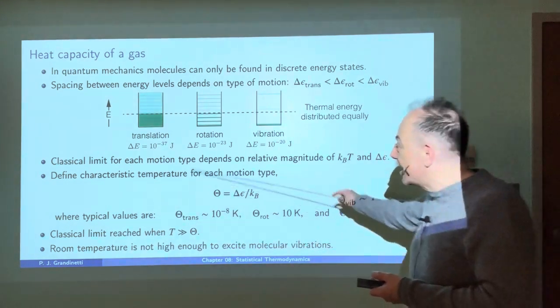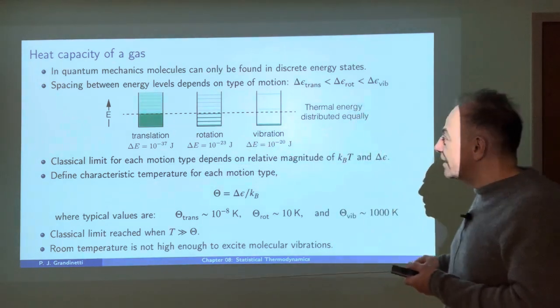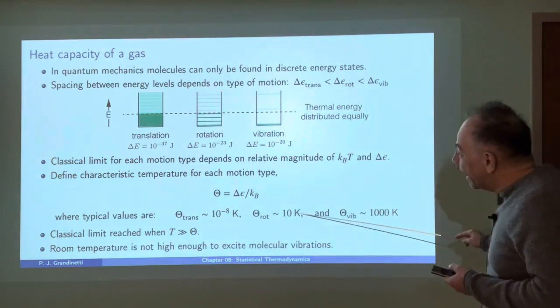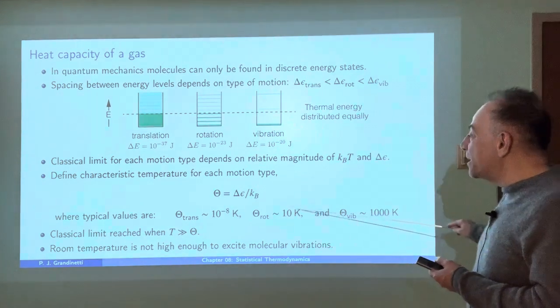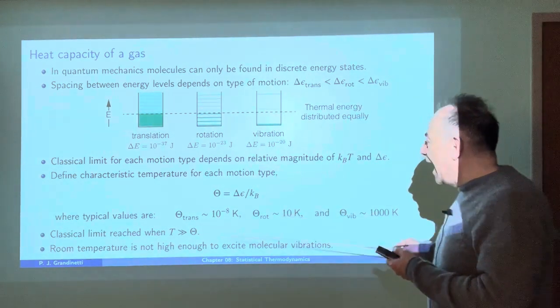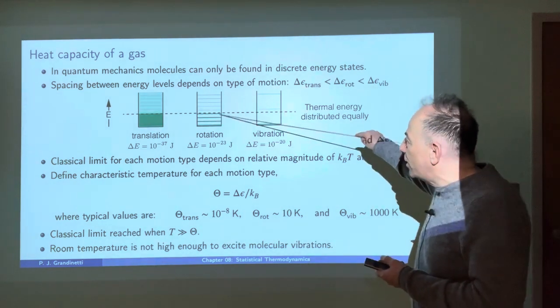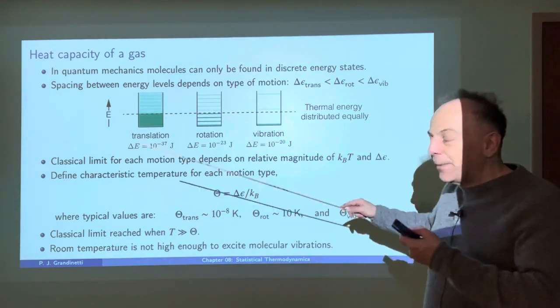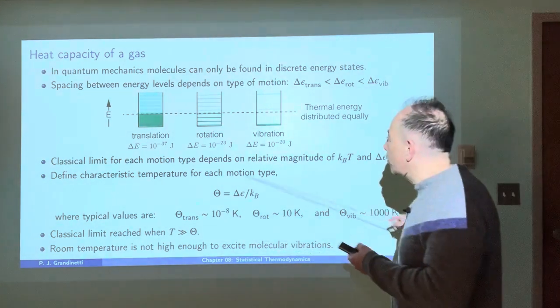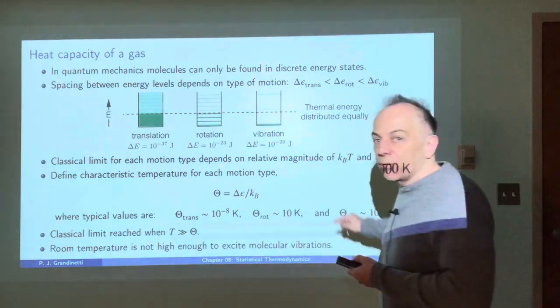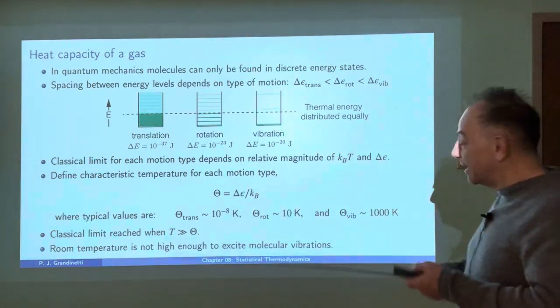So that wasn't too bad, and that's why the classical contribution for translational motion agreed. If you look at rotation, it can be typically on the order of 10 Kelvin, so you can easily be above this at room temperature, and that's why you can easily populate these levels, and it appears like a continuum. You're okay at room temperature to see a lot of the rotational motion contribution to the heat capacity.